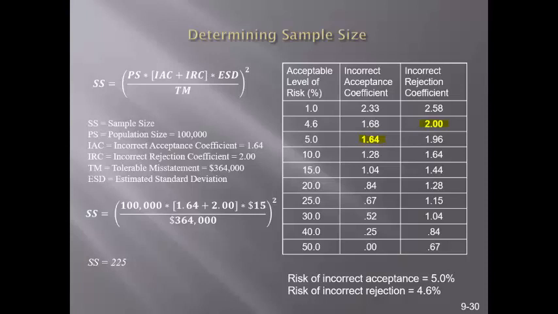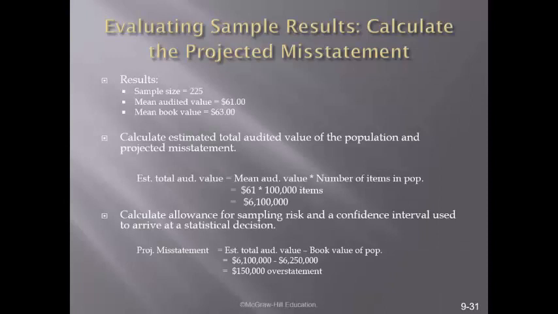We determine the sample size, 225, by multiplying the number of sales invoices, 100,000, by the sum of the incorrect acceptance and rejection coefficients, 1.64 and 2.00, and the estimated standard deviation of $15, and divide this by the tolerable misstatement of $364,000. After selecting the sample of 225 accounts, we would perform the audit procedure. The results of the sample would be calculated and the mean or average of the sample values would be calculated.